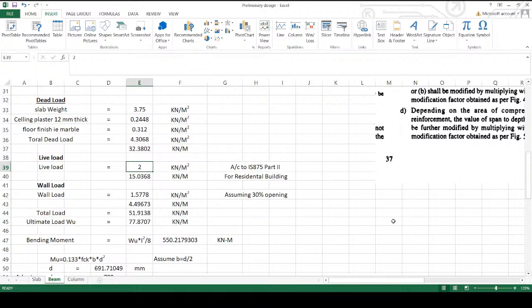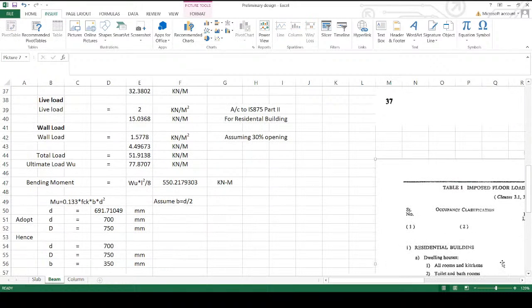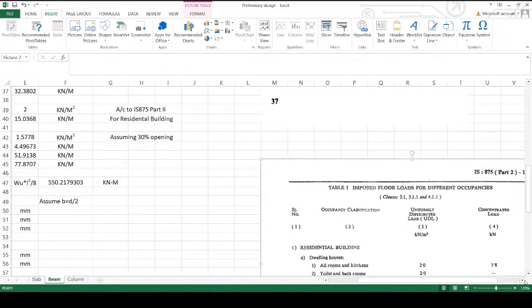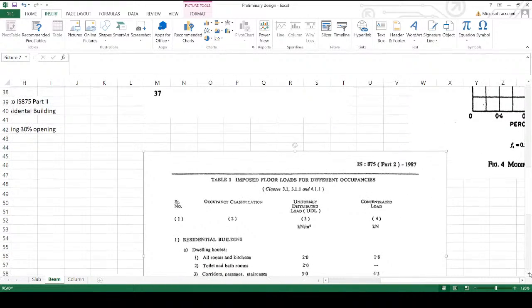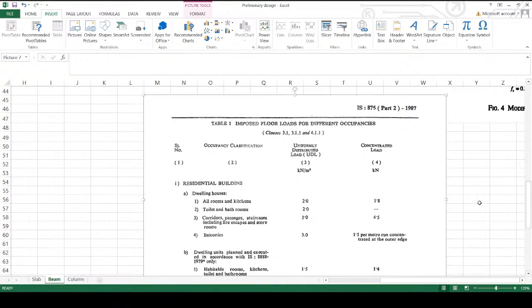Then you get this value. In IS code 875 part 2, 1987, in table number 1, for residential, I am already designing for a residential building, for all the rooms and the kitchens.